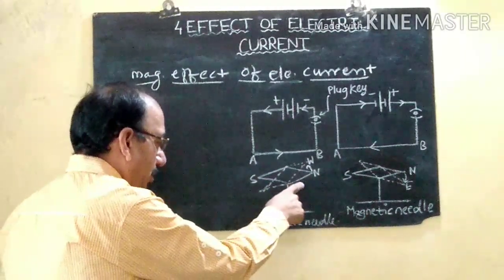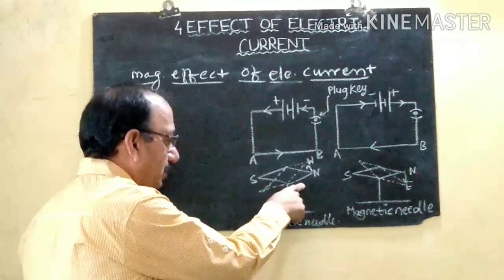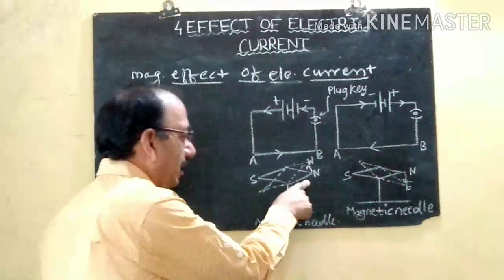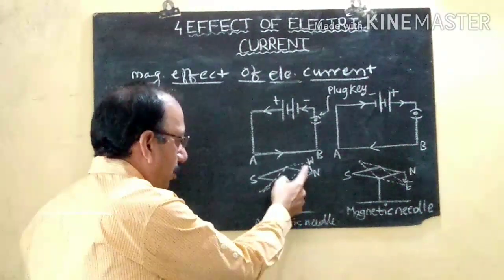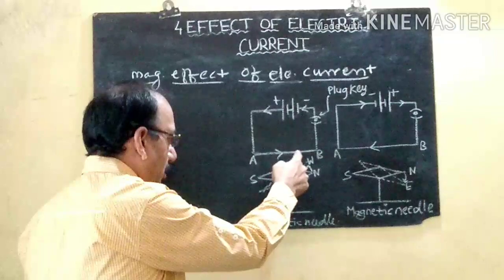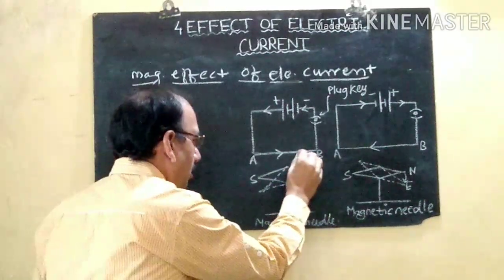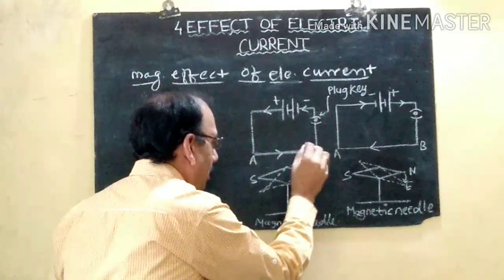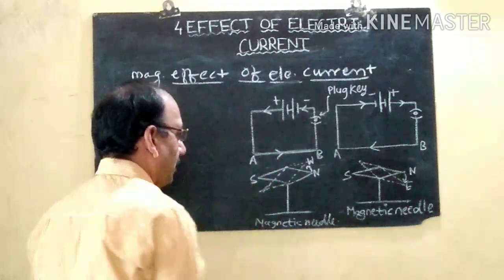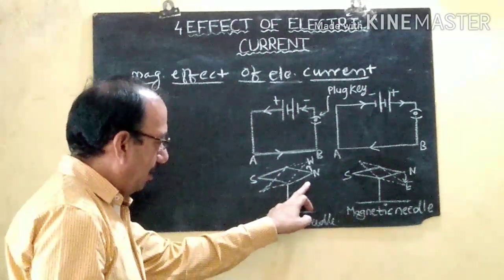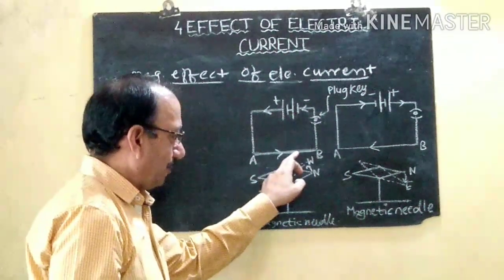Observe the deflection of this magnetic needle. It comes toward the wire AB. This means the needle is deflected towards AB.